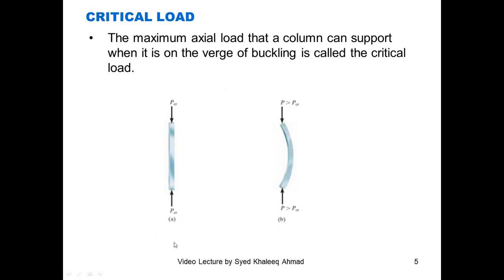That means the maximum value of the load, which is compressive load, so that the column remains straight, no buckling takes place. If buckling takes place, that column will not be useful for us, it will not be able to take any load. So just before buckling, that means the maximum load up to which the column remains straight, that will be known as buckling load or critical load.